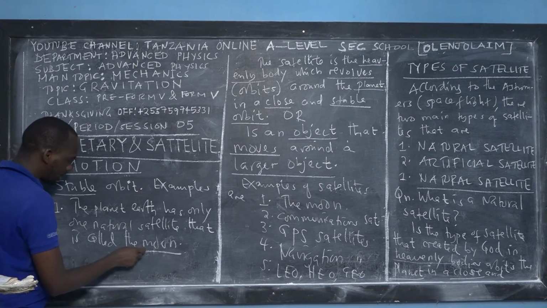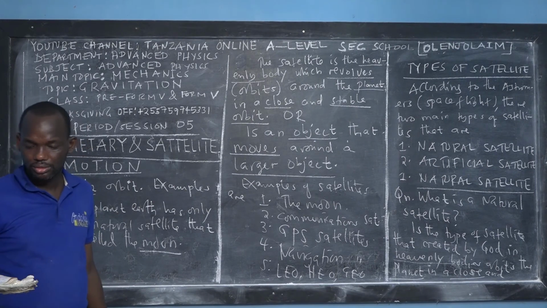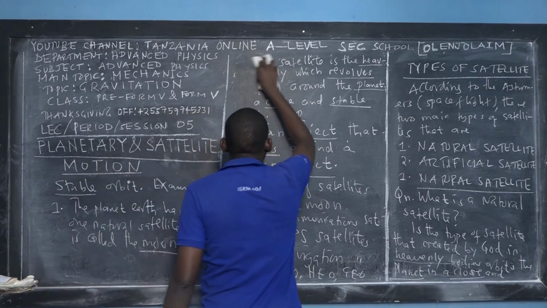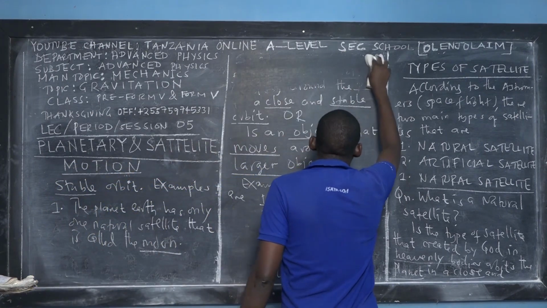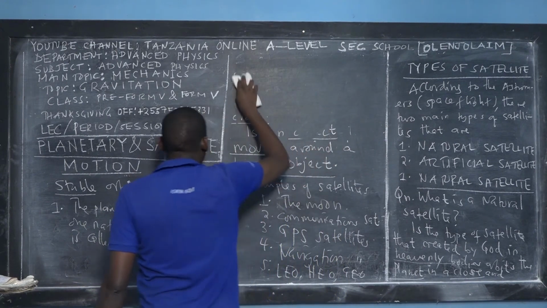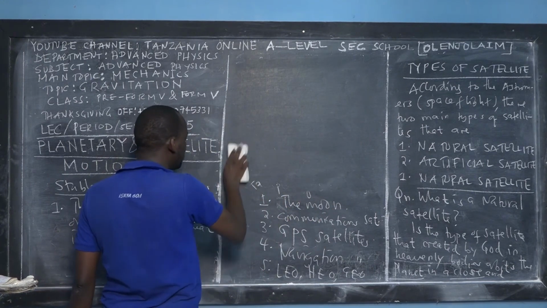The Moon revolves around the Earth. That's why we say that a natural satellite is created by God in heavenly bodies and orbits a planet in a close and stable orbit.